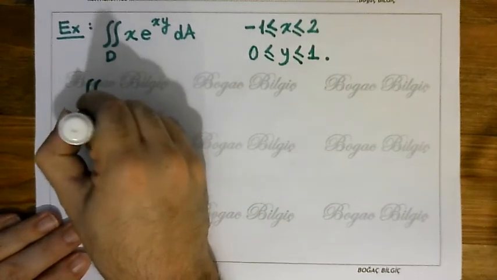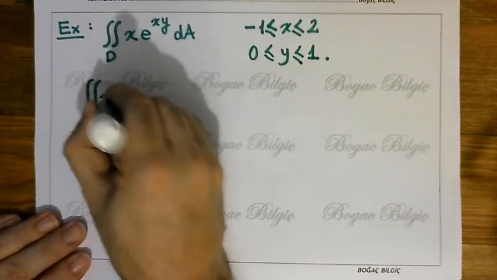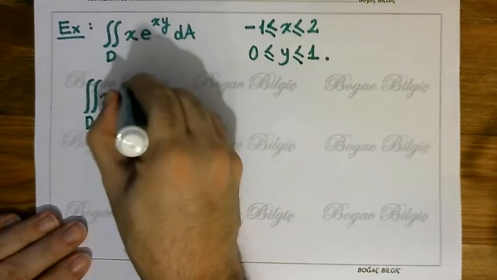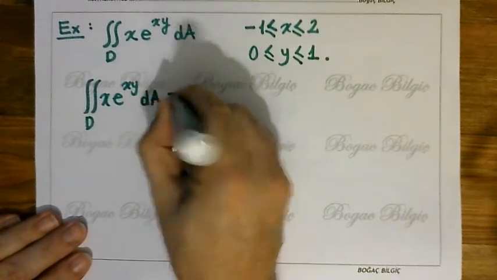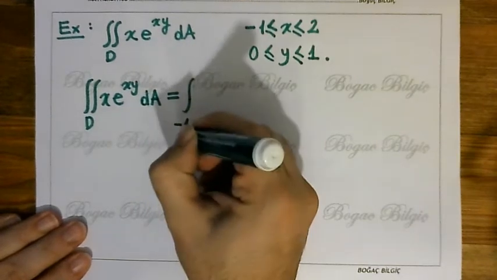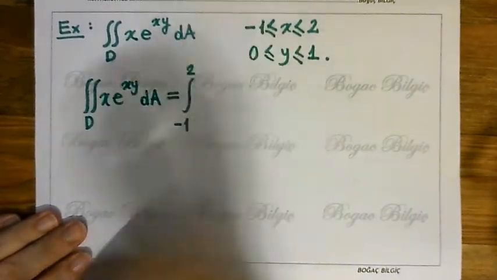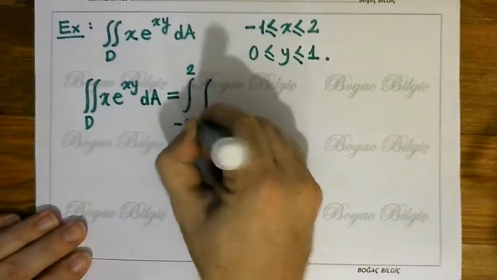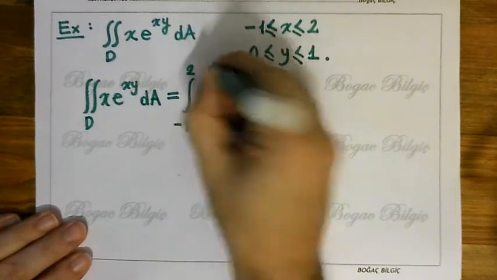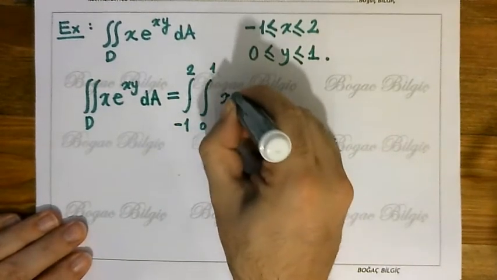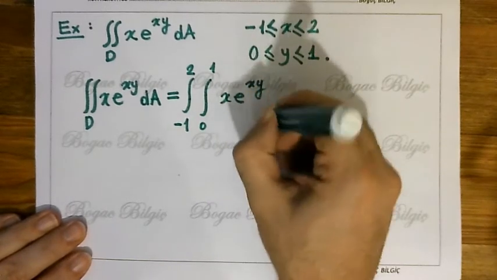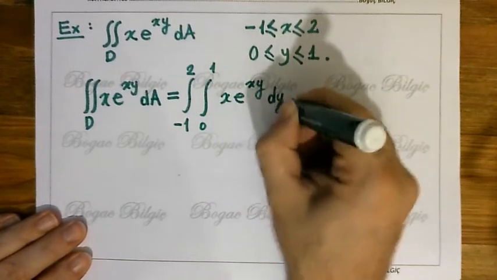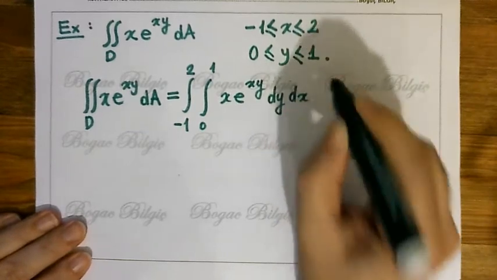The double integral over D of x exponential xy dA is equal to the integral from -1 to 2 of the integral from 0 to 1 of x exponential xy dy dx.